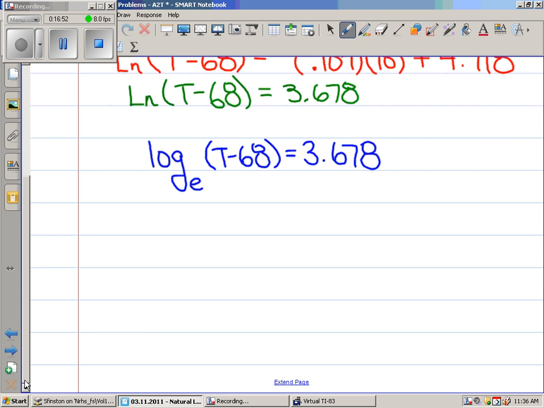Okay, so we're moving from this form. Transform again, one more time. e raised to the 3.678 equals T minus 68.